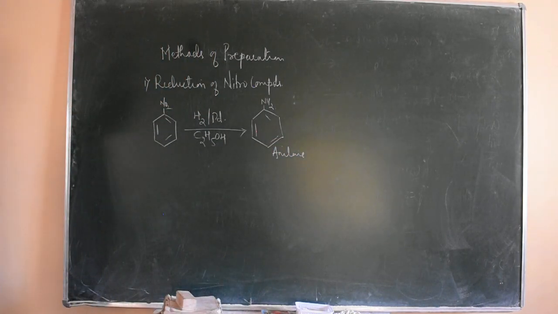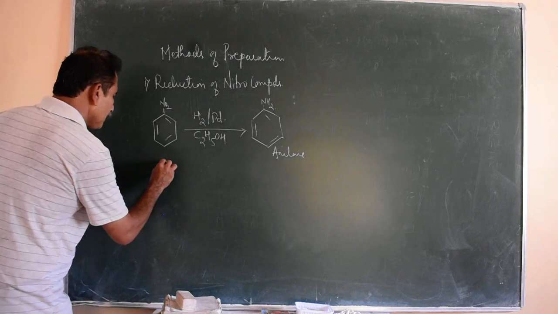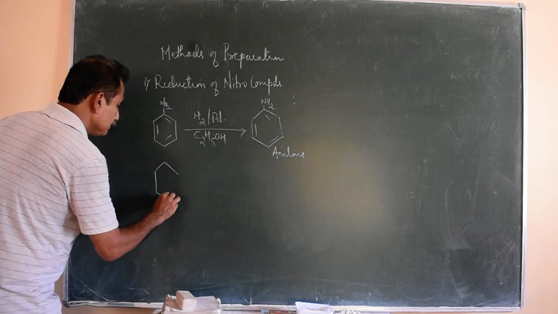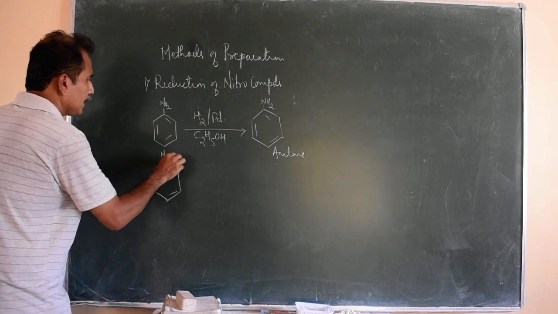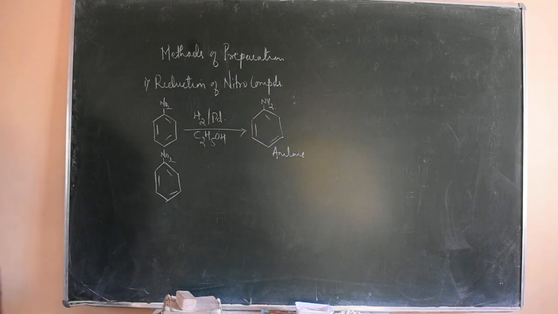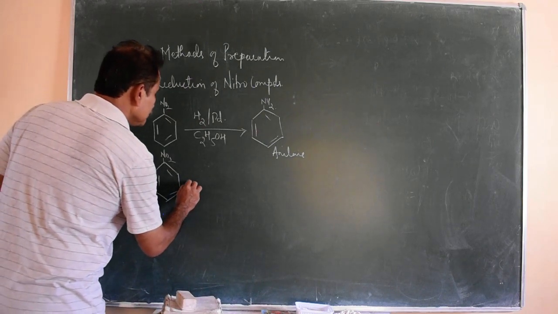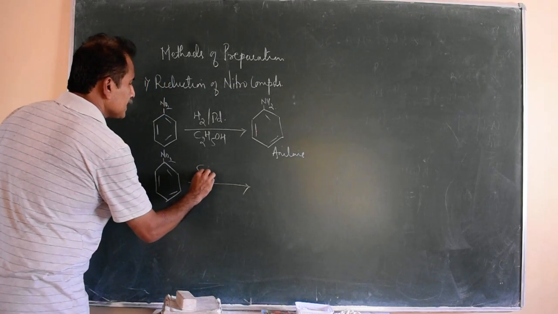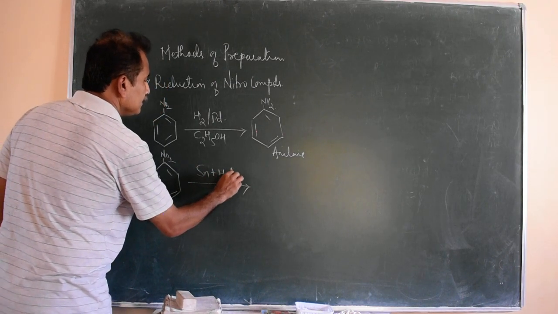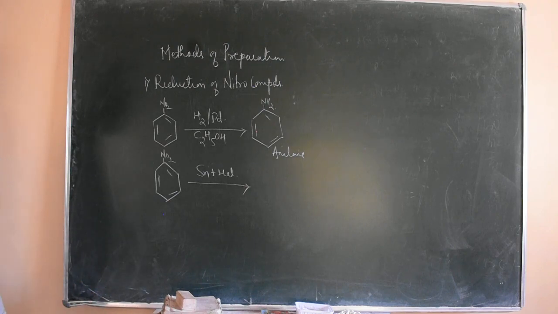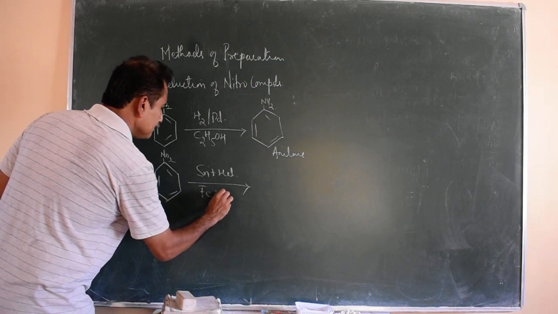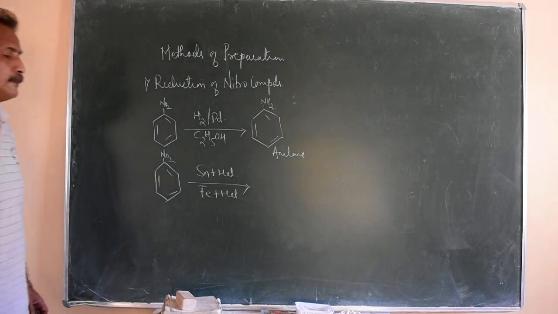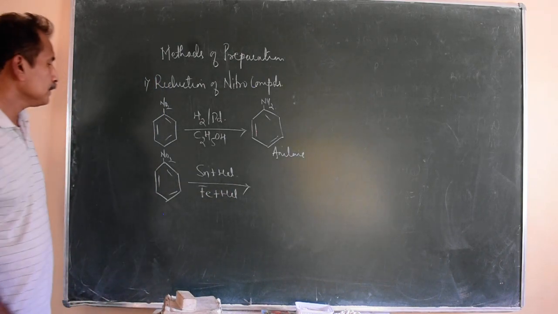Similarly, nitrobenzene can also be reduced using Sn plus HCl, or you can use scrap iron in HCl, to get amines.